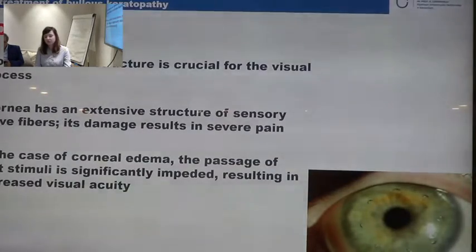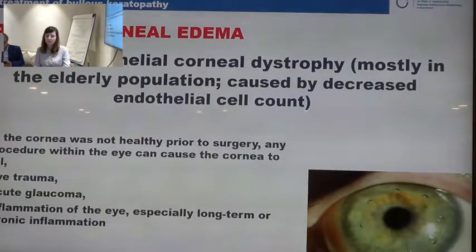It is also a tissue that has an extensive sensory nerve fiber network. Thus, its damage results in severe pain. In the case of corneal edema, the passage of light is limited and the visual acuity decreases. There are many causes of corneal edema.